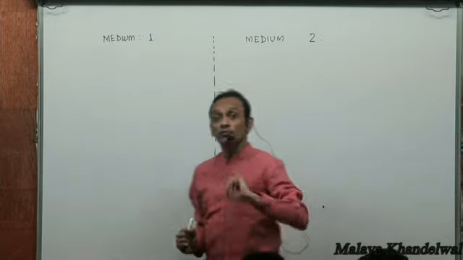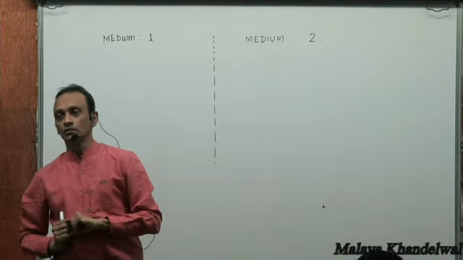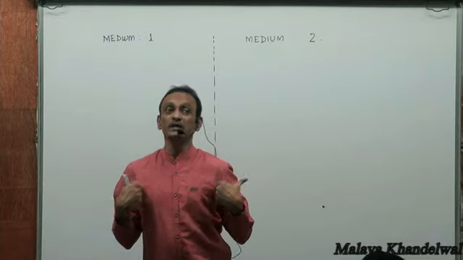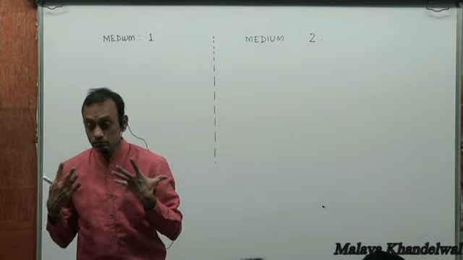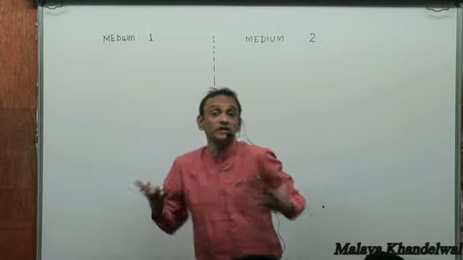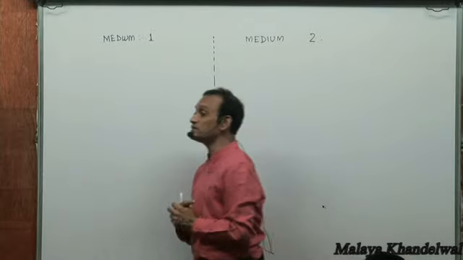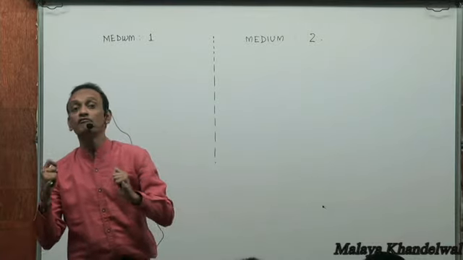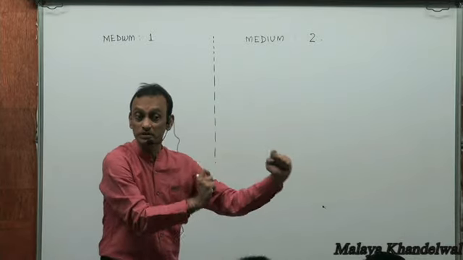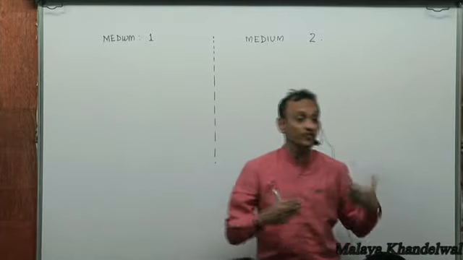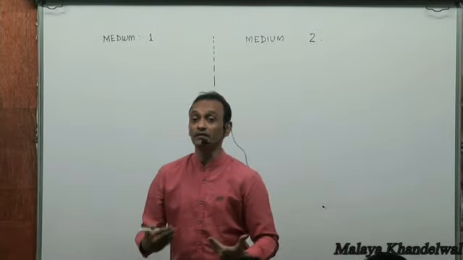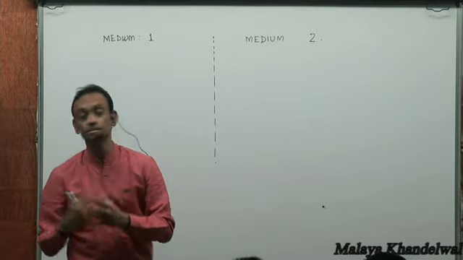Now, from a wave perspective, we talk of a medium being rarer and denser. It's not related to the density of the medium. From the perspective of propagation of a disturbance, we define a medium to be rarer and denser.